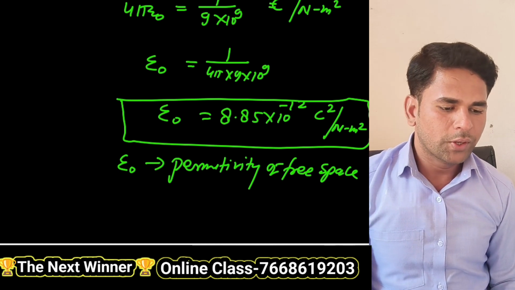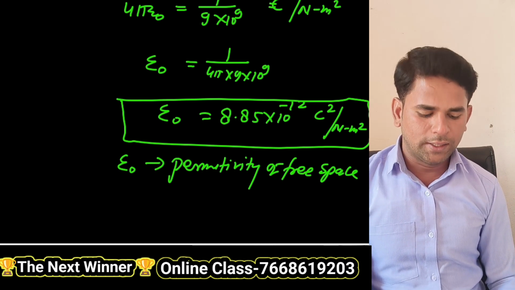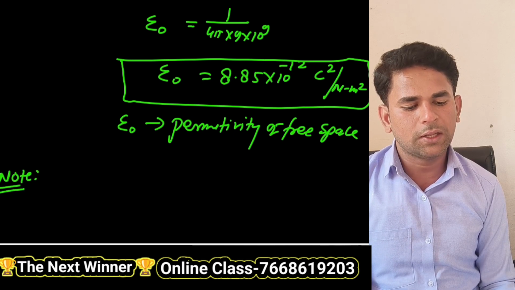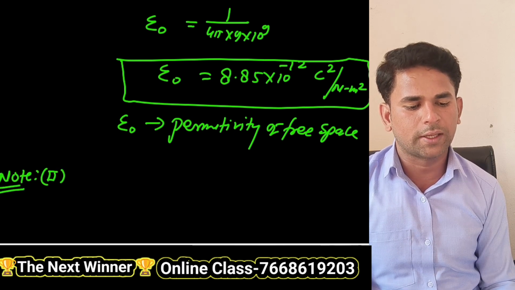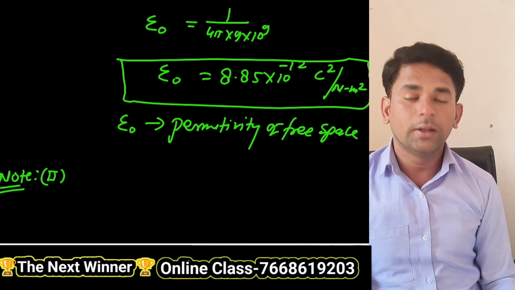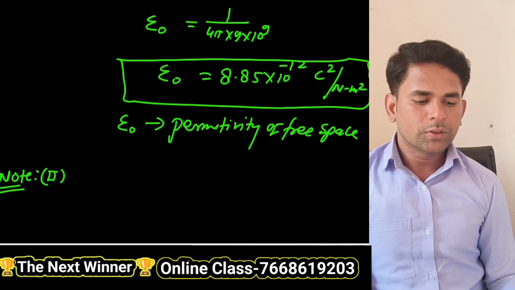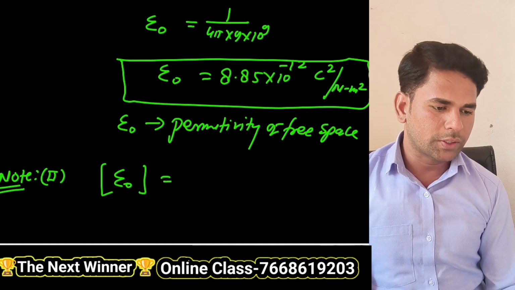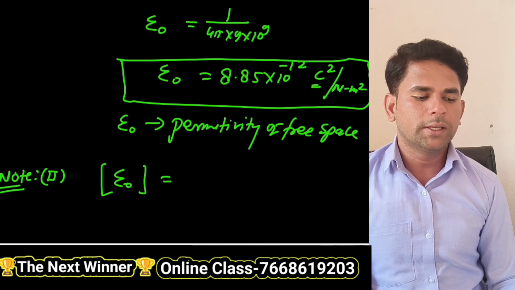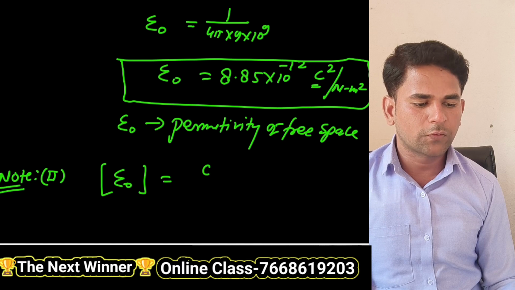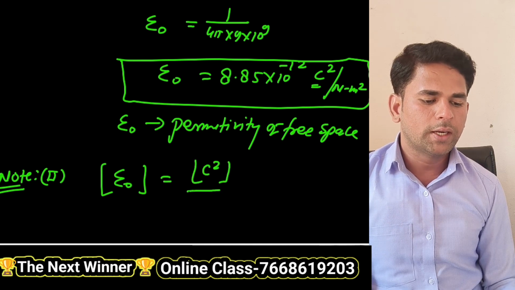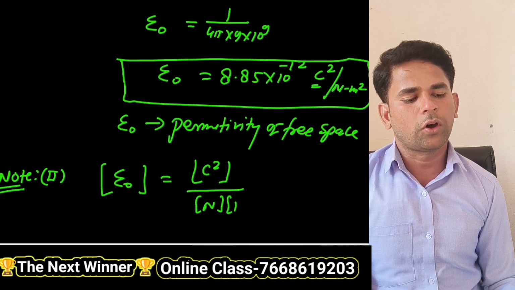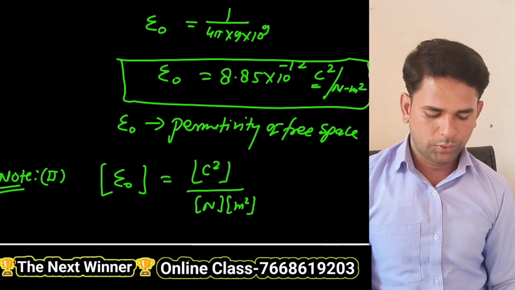Now the next note point, note second: the dimensional formula. The dimensional formula of epsilon naught means you can just write the dimensional formula of this unit. So it is the dimensional formula of Coulomb square divided by the dimensional formula of Newton into the dimensional formula of meter square.